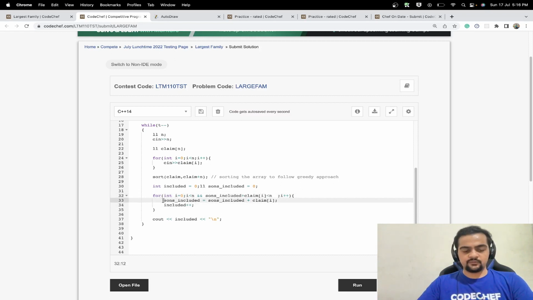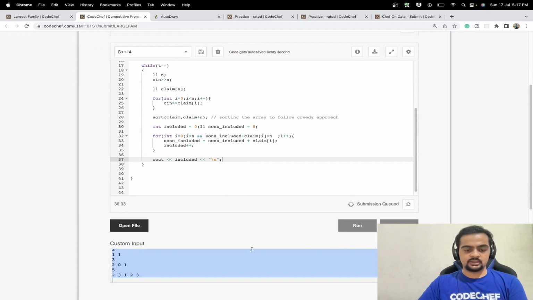If it doesn't break our limit, we include this in our sons included. That is the total number of sons that have been included as of now, which would be the previous number of sons that had been included plus the particular claim that we are catering to. And if the claim was true, we will also increase our included count, and at the end we'll just print out our included count.